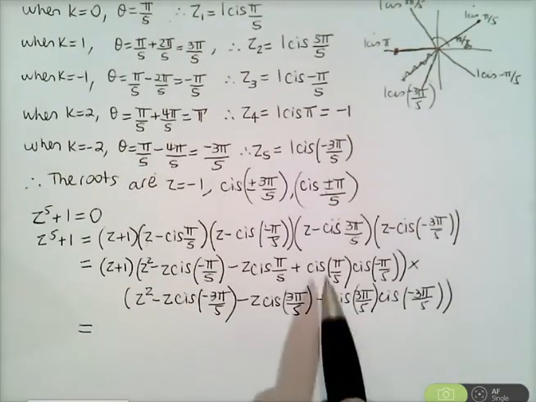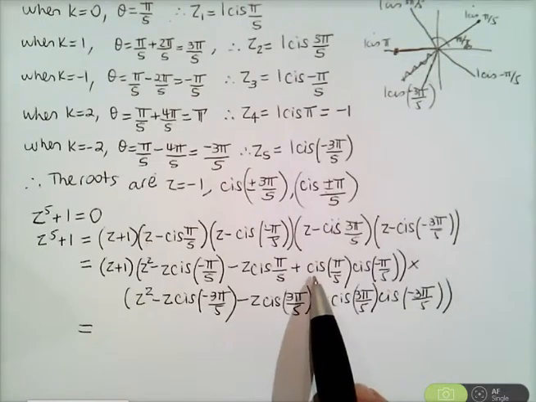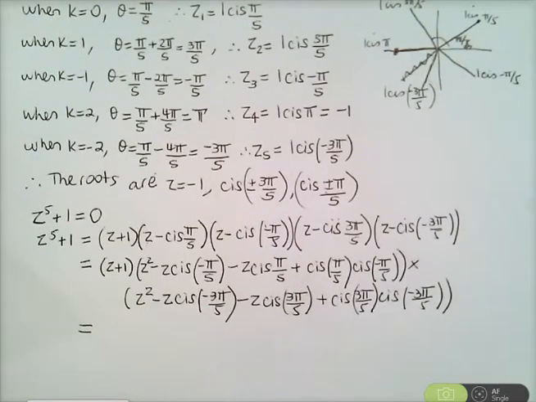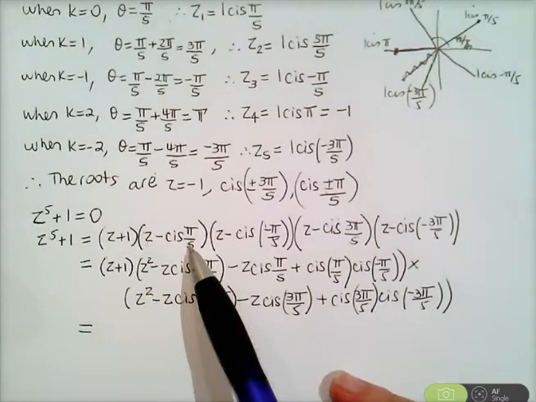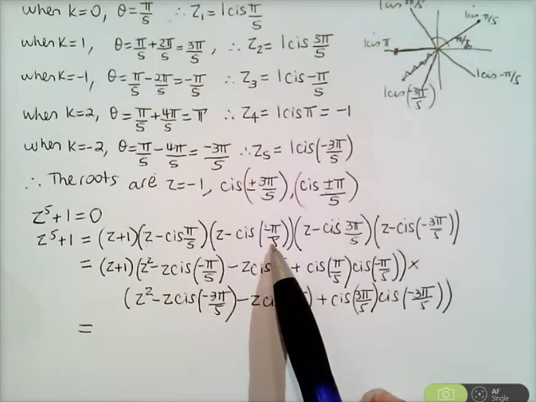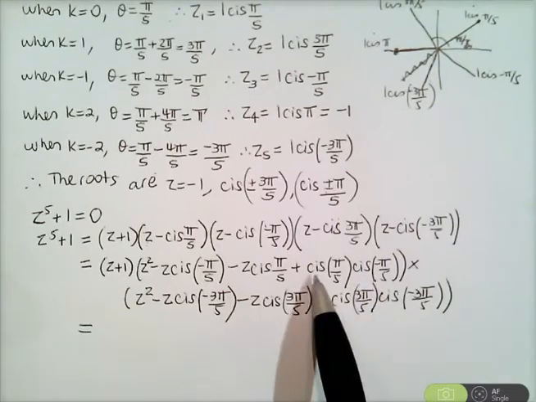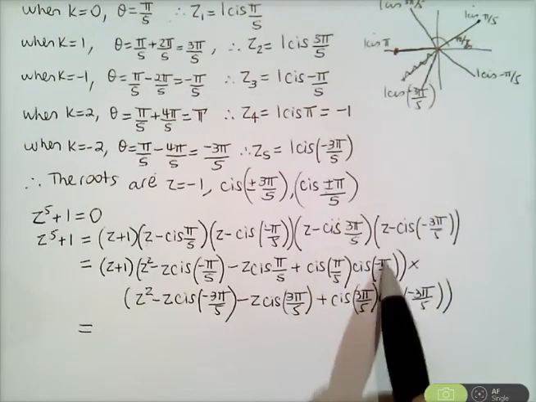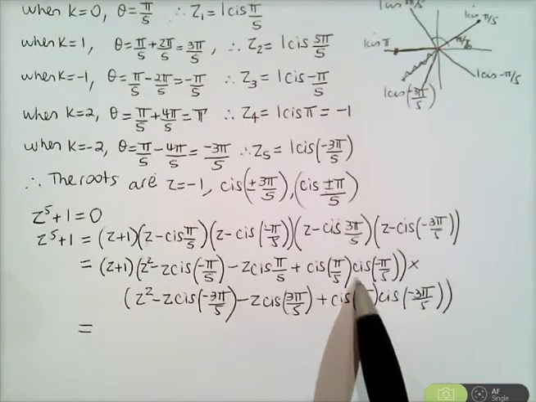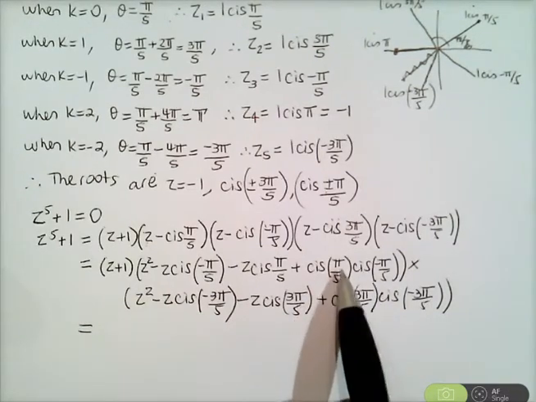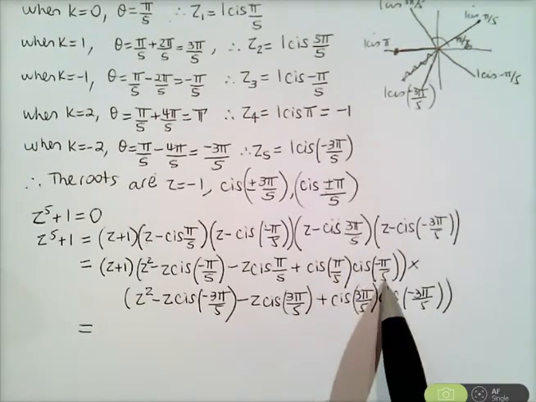Now, one thing we need to note, when you multiply numbers, for example, cis pi on 5 times cis minus pi on 5, remember you multiply the moduli, but then you add the arguments. So here, where we're going cis pi on 5 times cis minus pi on 5, I probably should have written this in first, but this is just the same as adding pi on 5 plus minus pi on 5.